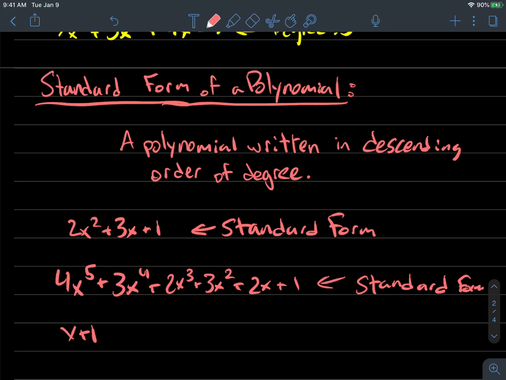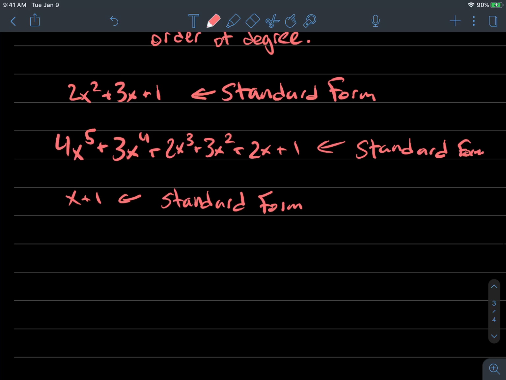x plus 1 is also standard form. But 1 plus x is not in standard form.